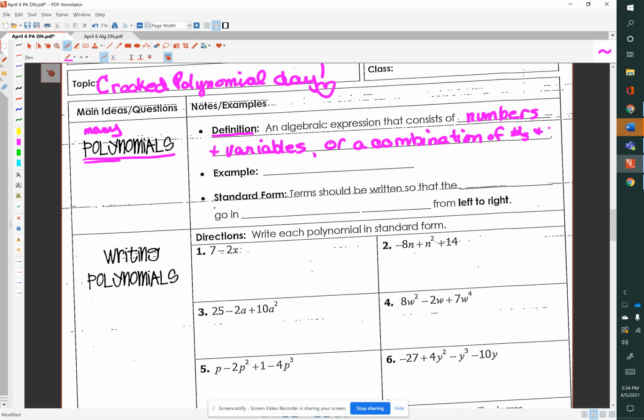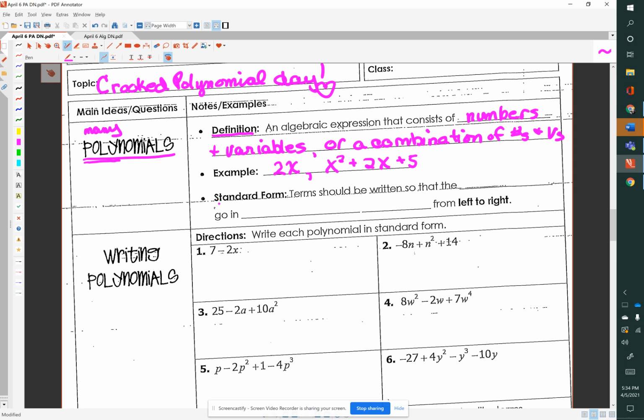So we could have 2x. We could have x squared plus 2x plus 5. Okay, all of those are polynomials.